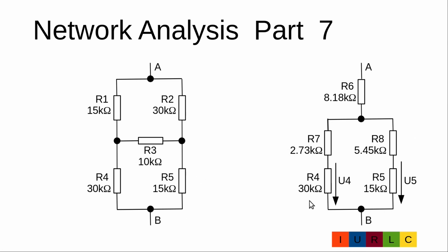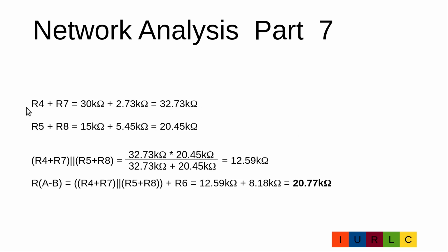Now we have to calculate the total resistance of R4 and R7, the total resistance of R8 and R5, then the total resistance of this parallel circuit, and finally the total resistance of the complete circuit. The total resistance of the serial connection R4 and R7 is 32.73 kilo ohm.